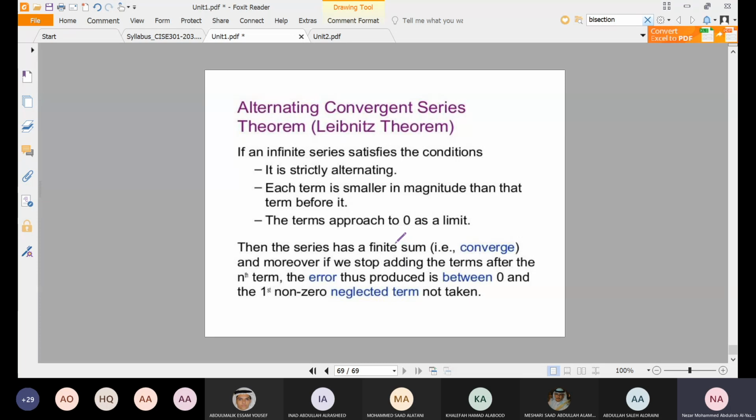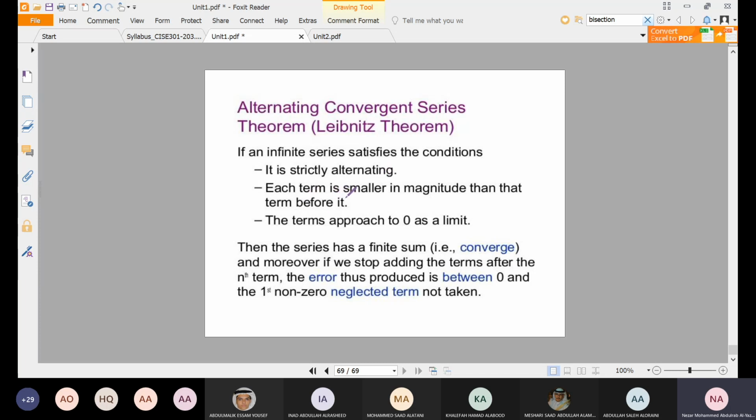So for the alternating series, we should satisfy this condition. It's strictly alternating, which means the coefficients alternate in sign, positive, negative, like this one.